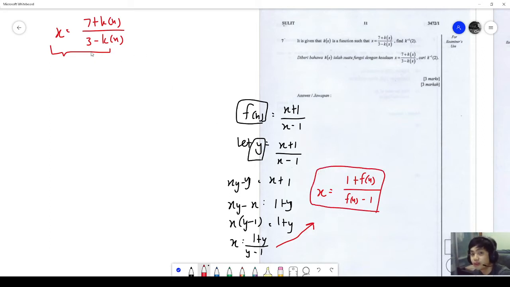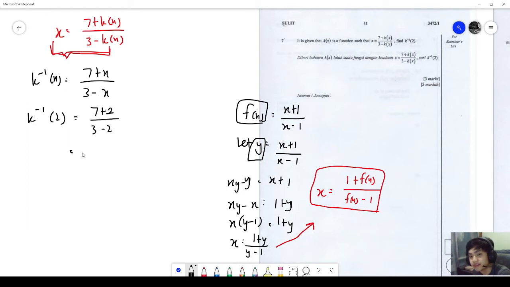So from here we already know this is the inverse of k. So I can simply say that k inverse x equals 7 plus x over 3 minus x. So k inverse 2 equals 7 plus 2 over 3 minus 2, and my final answer is 9 over 1, which is just 9.